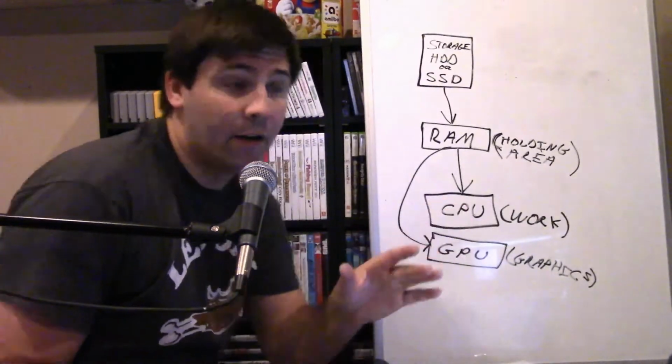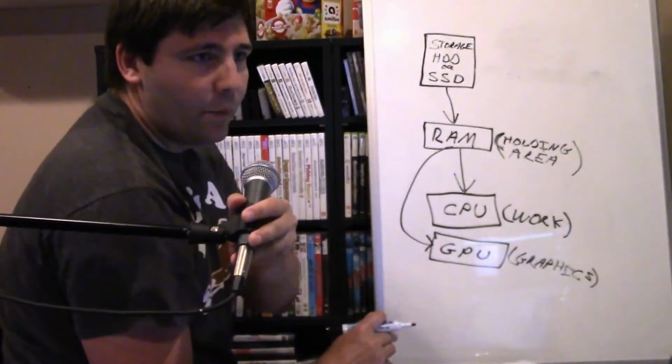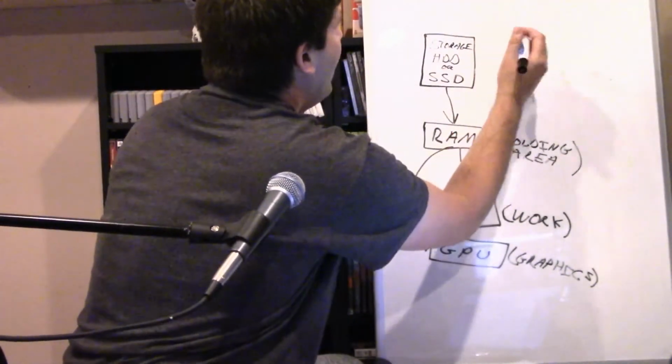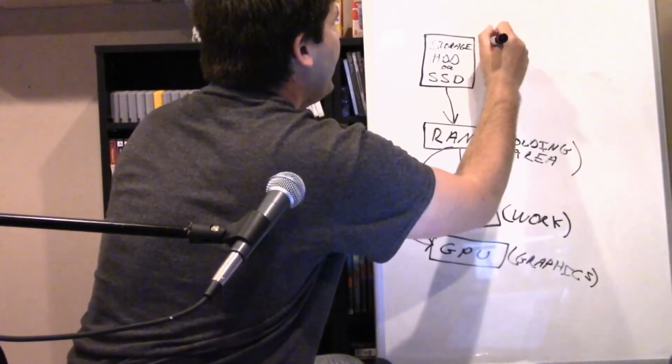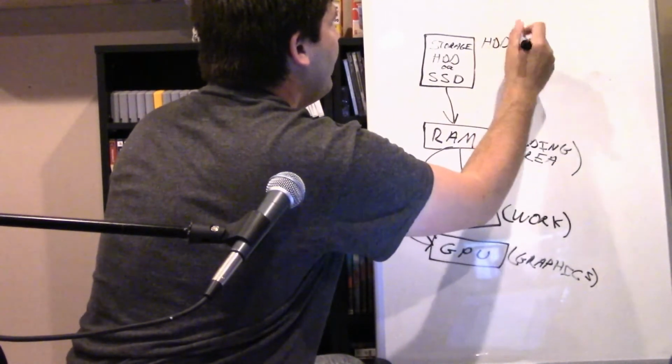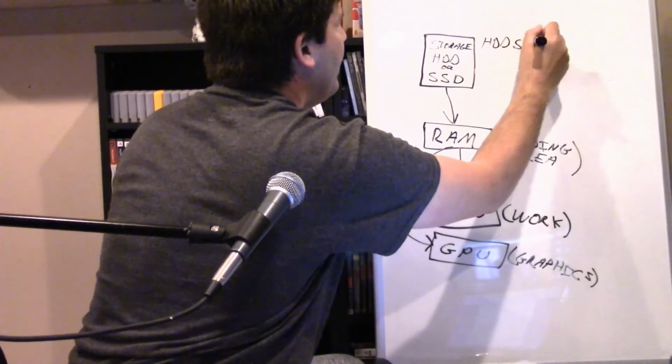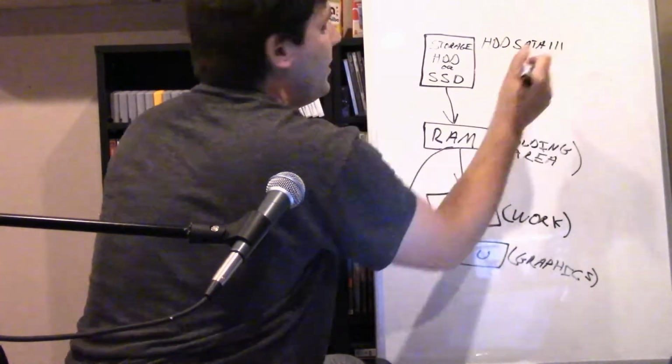Okay, let's try this again. Now I can write over here. We'll go ahead and say HDD for hard disk drive, SATA 3. Okay.